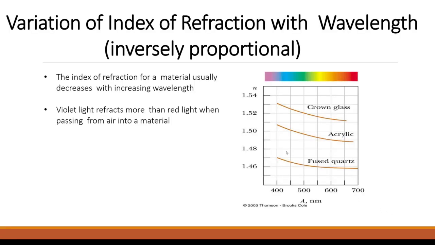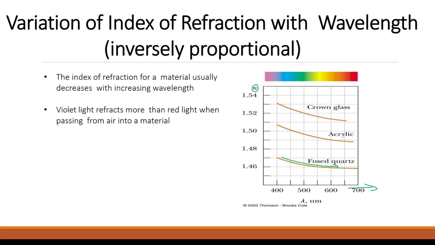So the index of refraction for a material usually decreases with increasing wavelength. And so, as you can see, as wavelength increases this way, we see this decreasing function in index of refraction. It goes down as the wavelength increases.